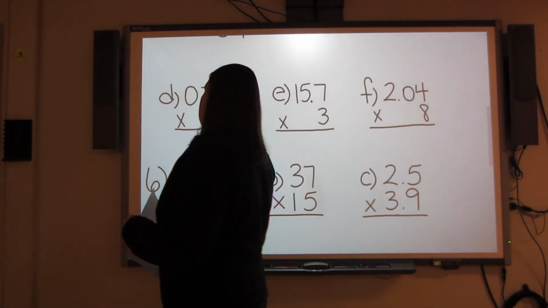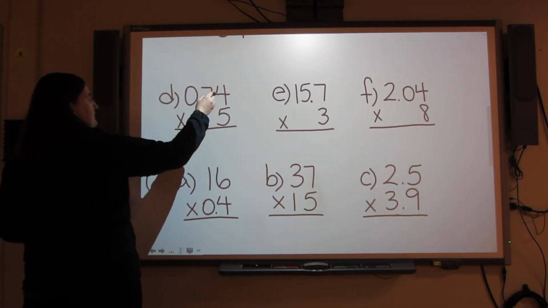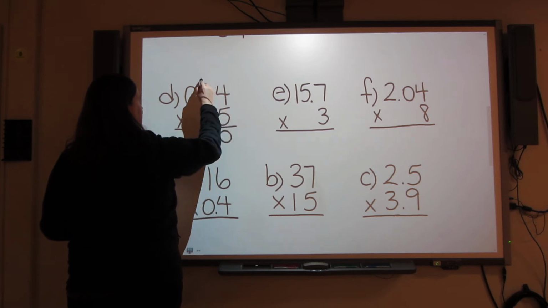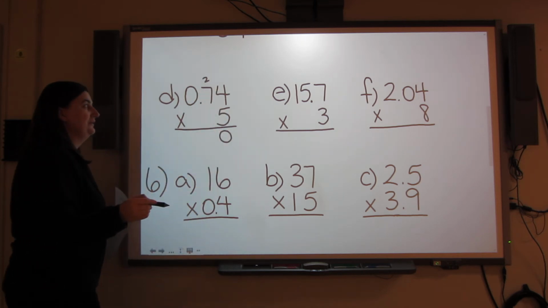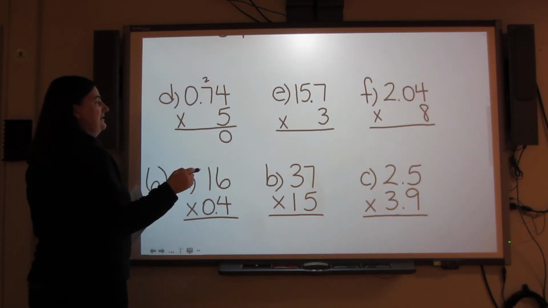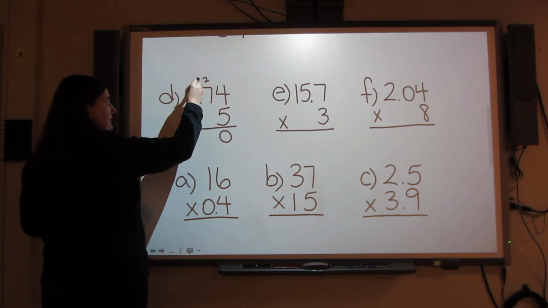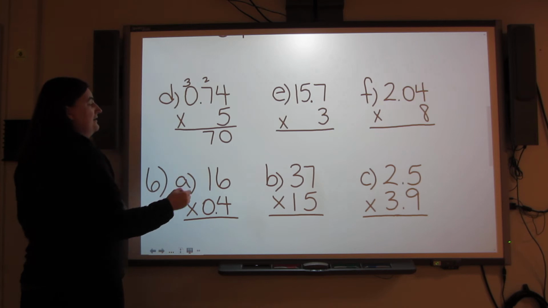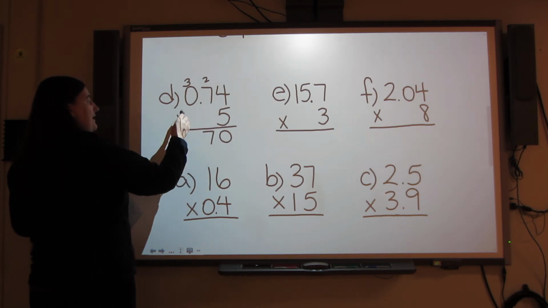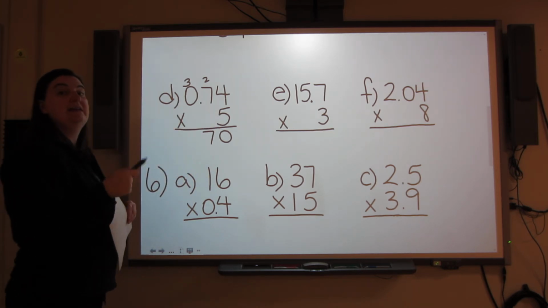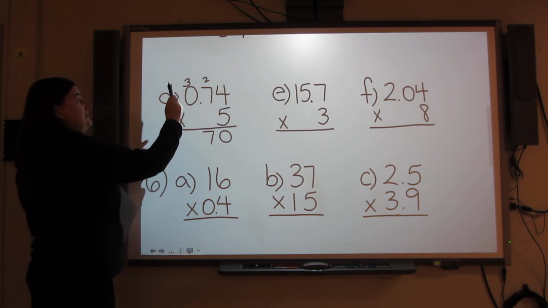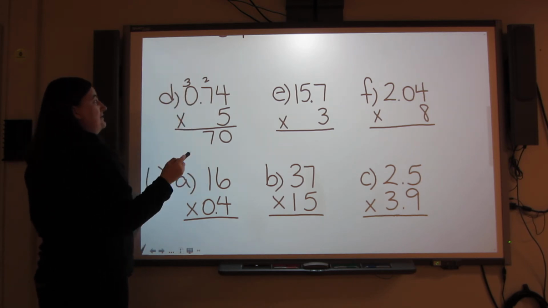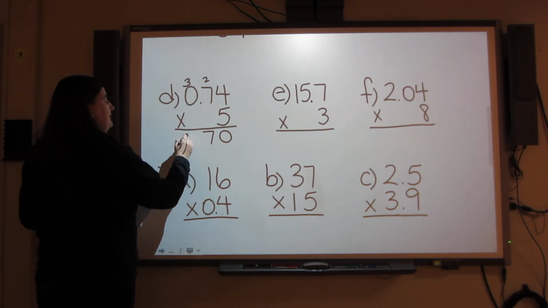So for D, 5 times 4 is 20. Carry the 2. 5 times 7 is 35, plus the 2 that you carried is 37. Carry the 3. 5 times 0 is 0. 0 plus the 3 that you carried is 3.